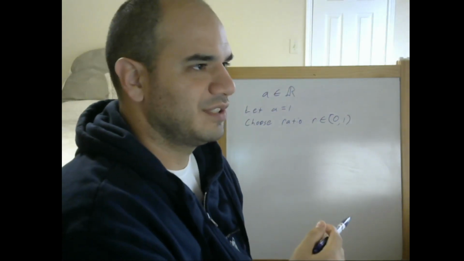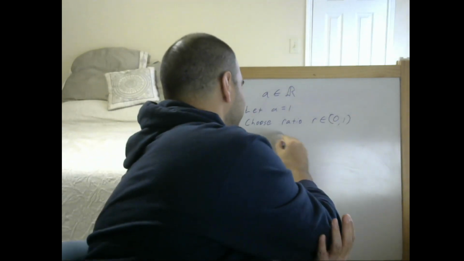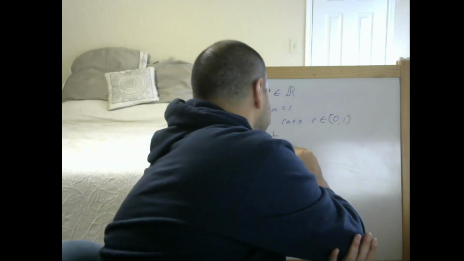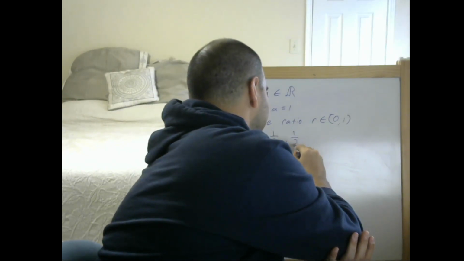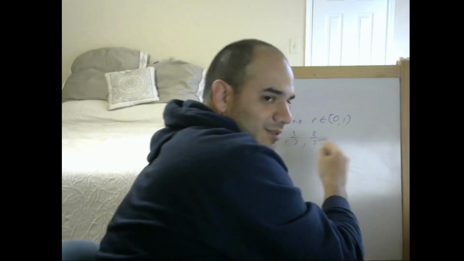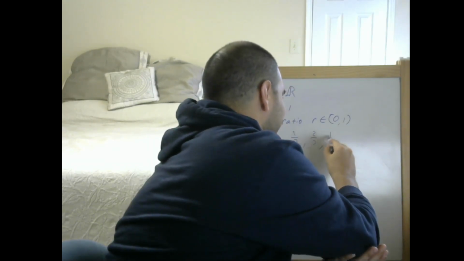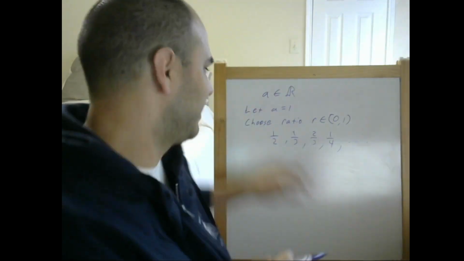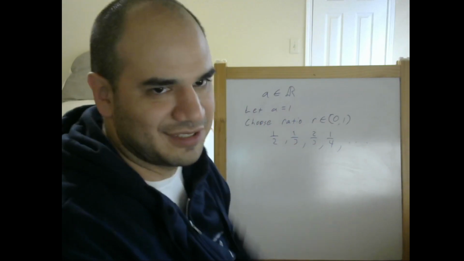So we can choose it to be 1 over 2, 1 over 3, 2 over 3, 1 over 4, etc. Just anything where the denominator is larger than the numerator.